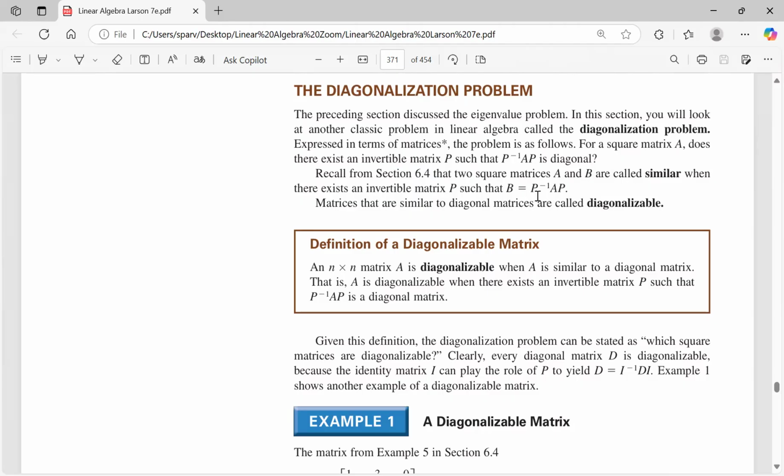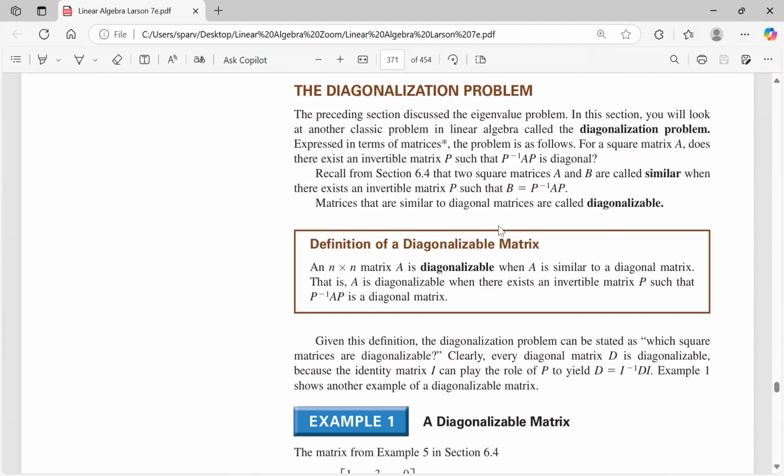Two matrices are similar when you can find an invertible matrix P so that this equation holds. You can write B as a product of these other three matrices, so A and B are called similar.